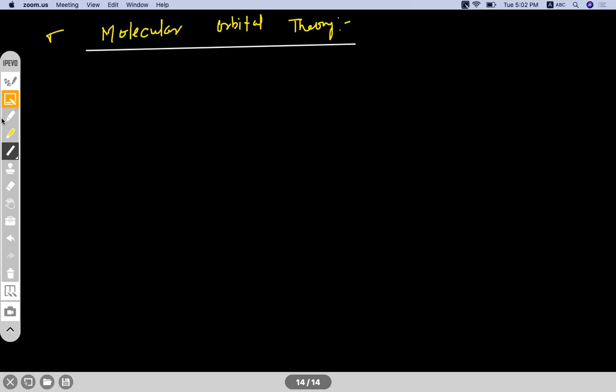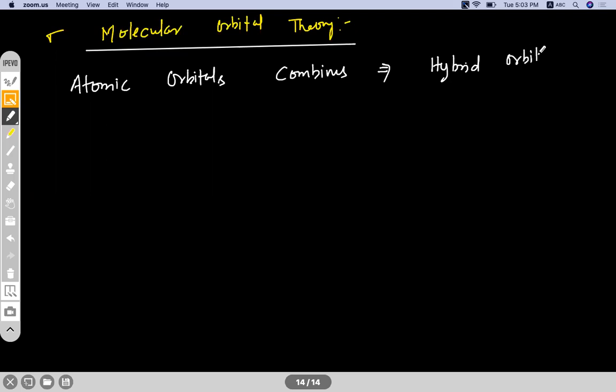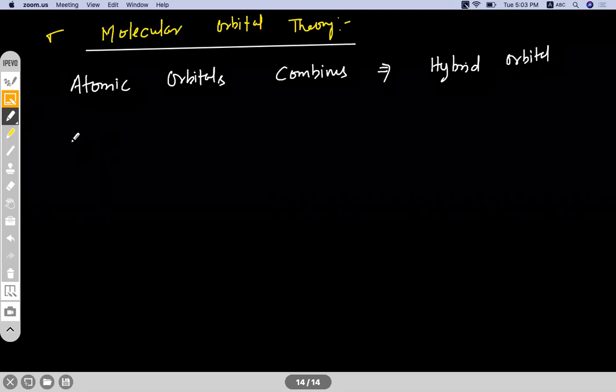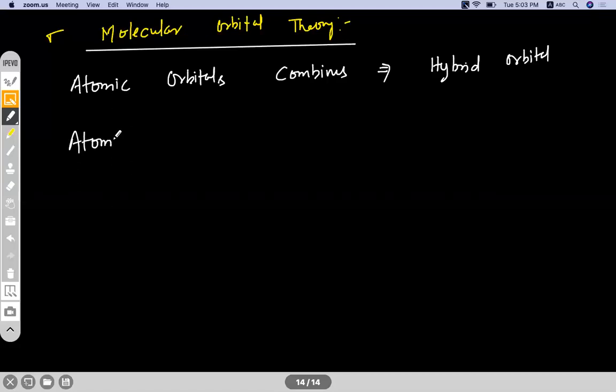One basic difference we have here, write down: atomic orbitals combine and form hybrid orbital. Again, atomic orbitals combine and form molecular orbital.